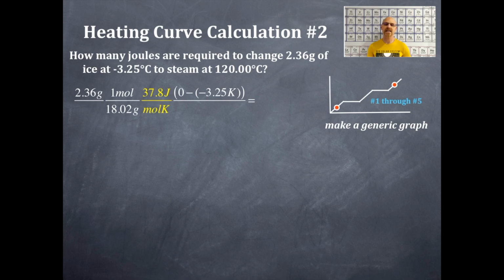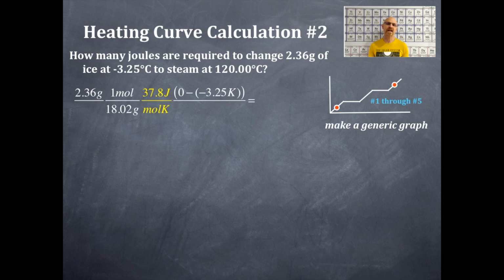That allows us to cancel out the moles. Then the last white section on the right-hand side of the yellow is the final temperature minus the initial temperature. The final temperature is 0 degrees Celsius, the melting freezing point, minus a negative 3.25.